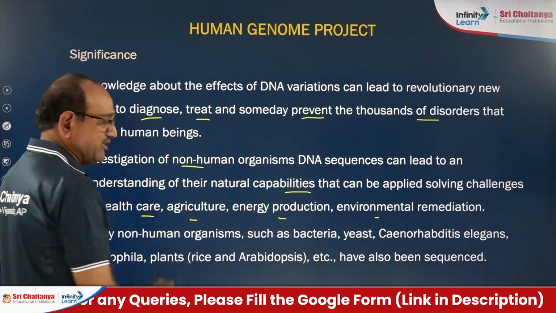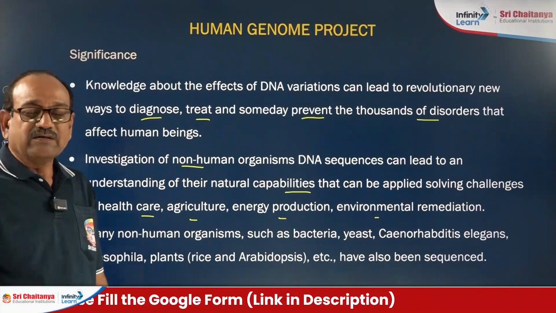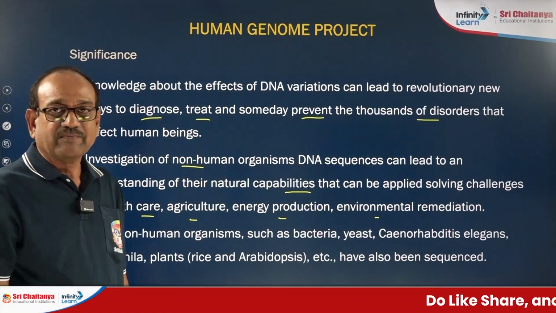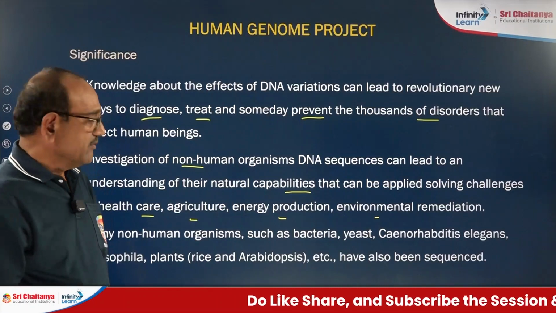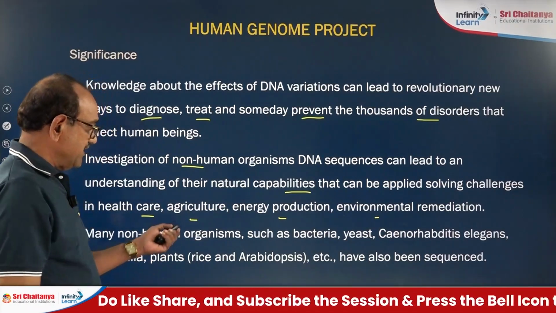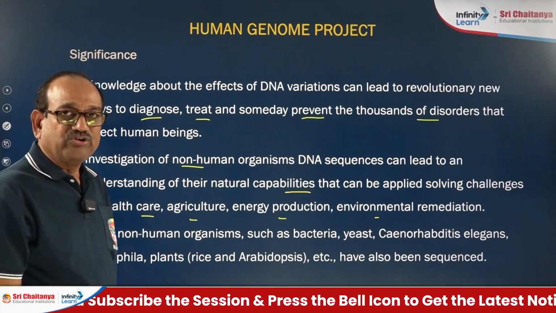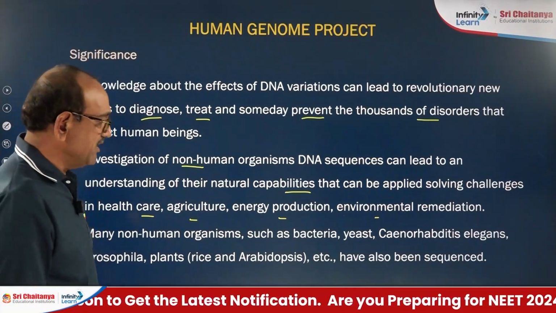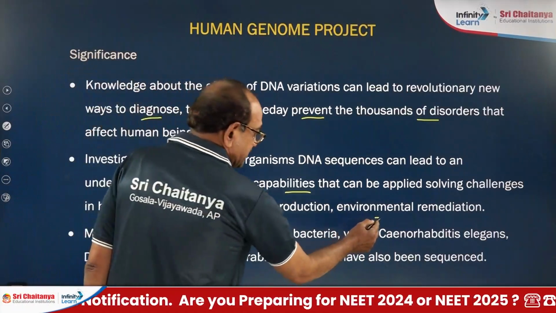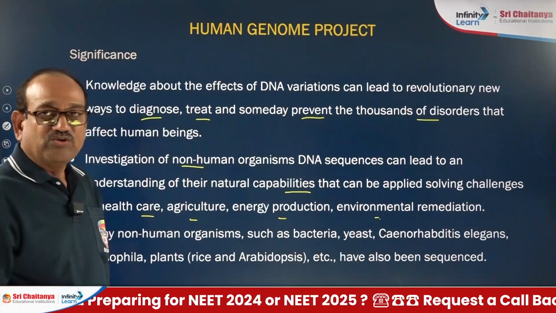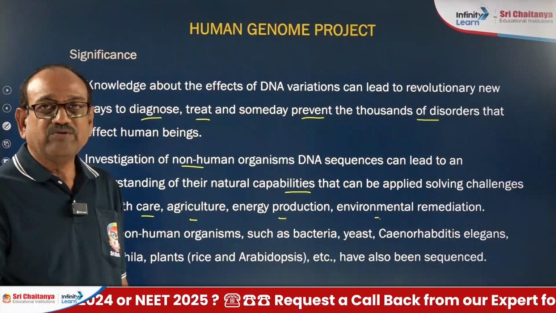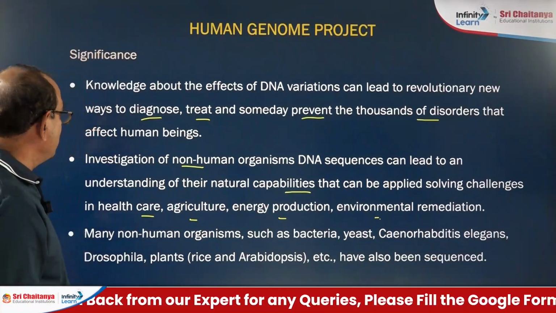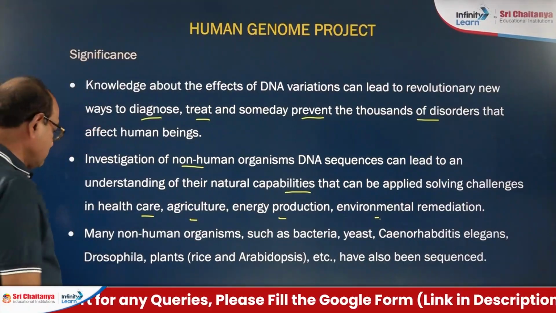For example, energy production. Nowadays, ethane and methane gases are also used as fuels in certain areas. By genetically engineering microorganisms, we can produce these energy sources in large quantities. Similarly, environmental remediation: they provide solutions for pollution control by using certain microorganisms. So these are the various advantages of this DNA project.